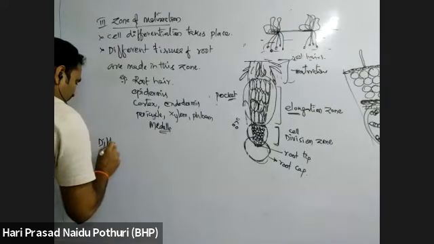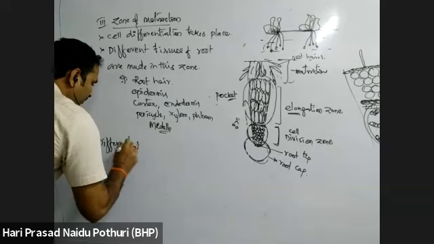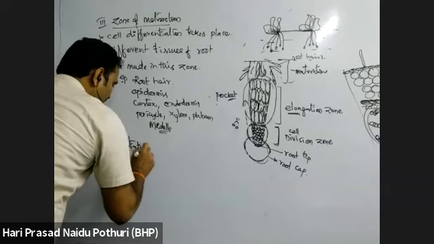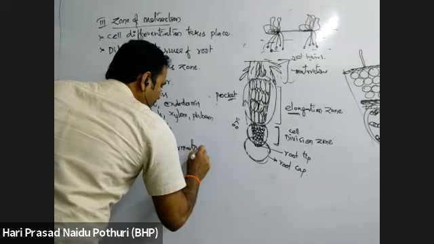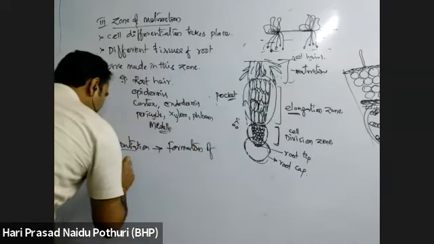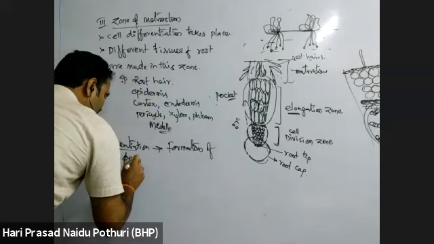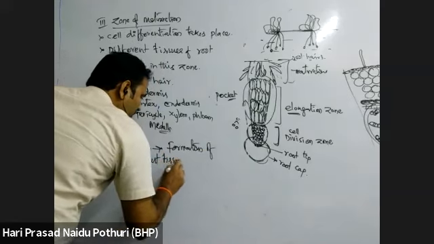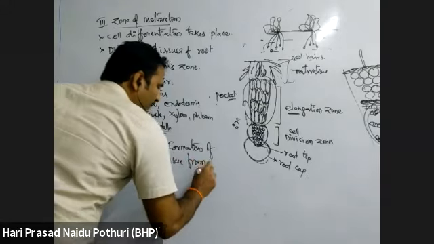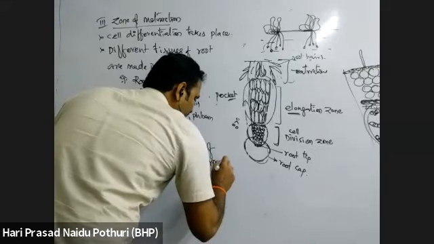Differentiation is a process where there is formation of permanent tissues from meristematic tissue.